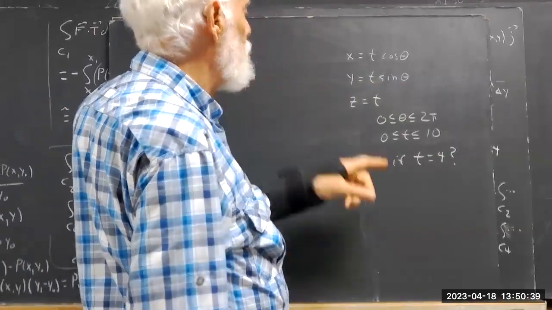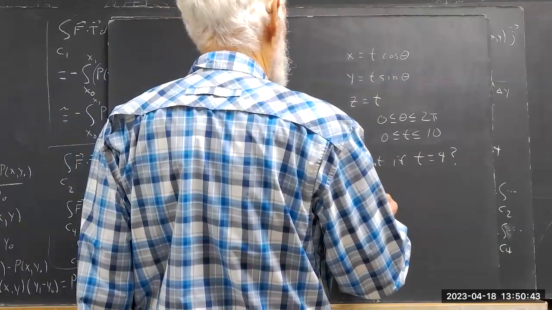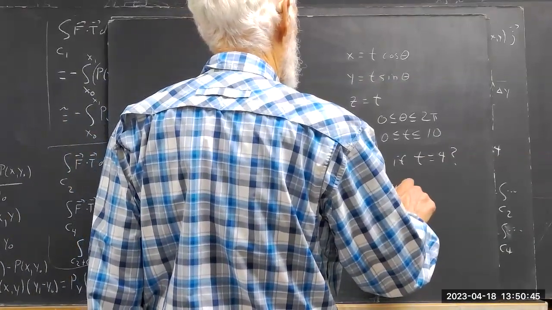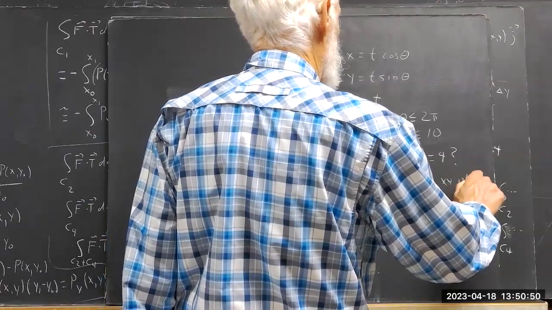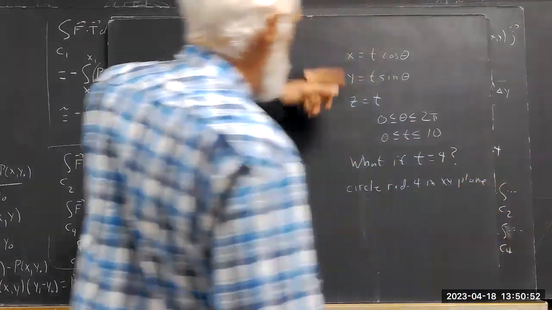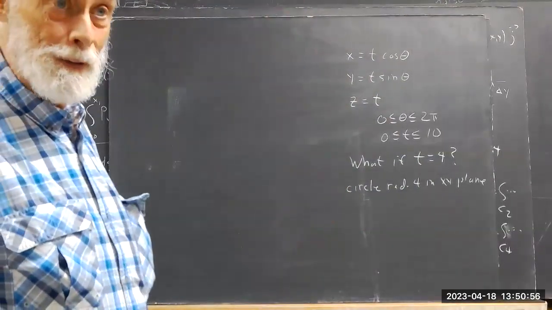So what if t equals 4? Well, you've got a circle in the XY plane, but of course your point is not in the XY plane. The point is 4 units above the XY plane.